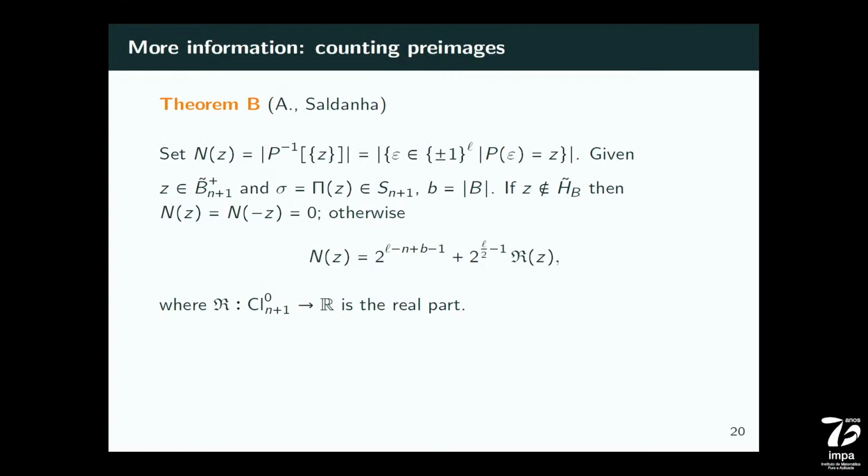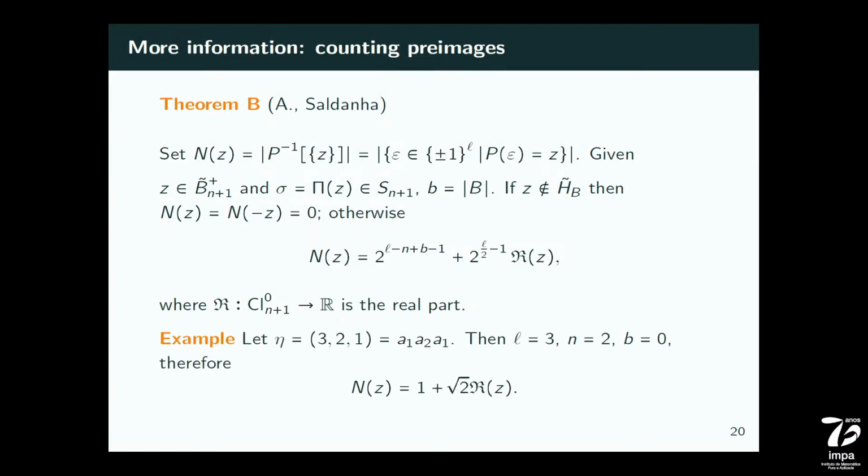And then the number of cells of dimension 0 is given like that, 2 to the power L minus N minus 1 plus this, where we denote by this the real part of this element. I'm just giving an idea of what it means. And this is an easy computation.